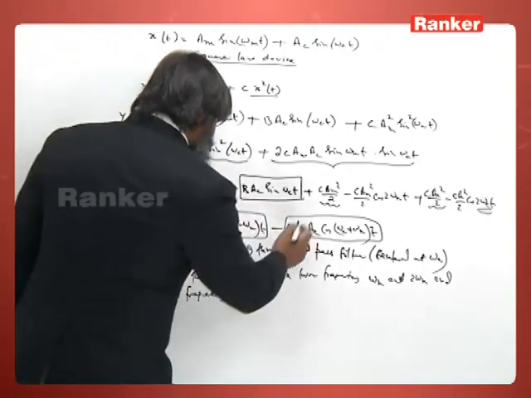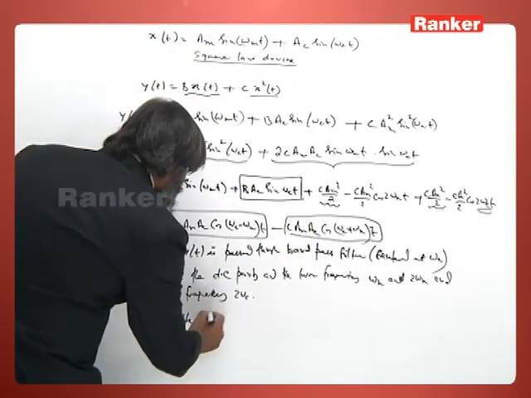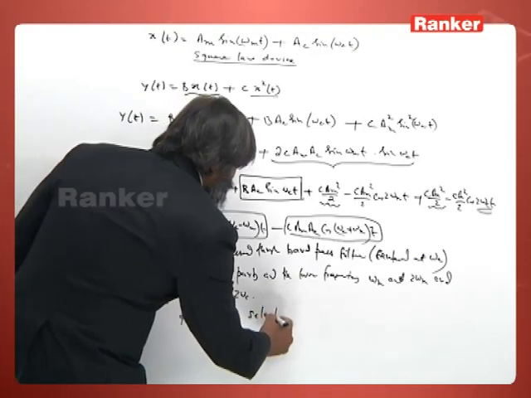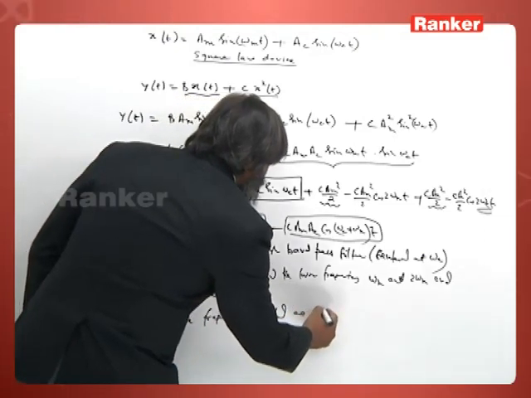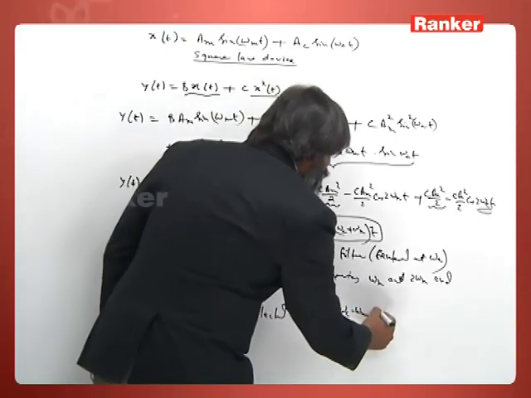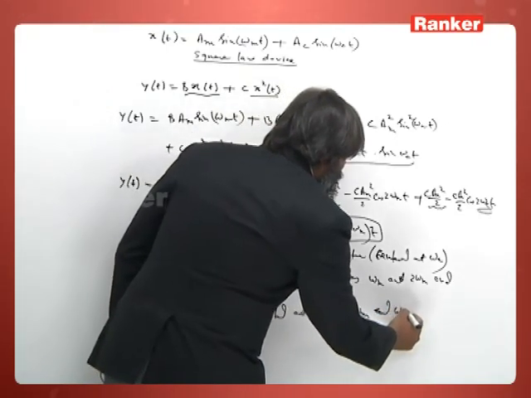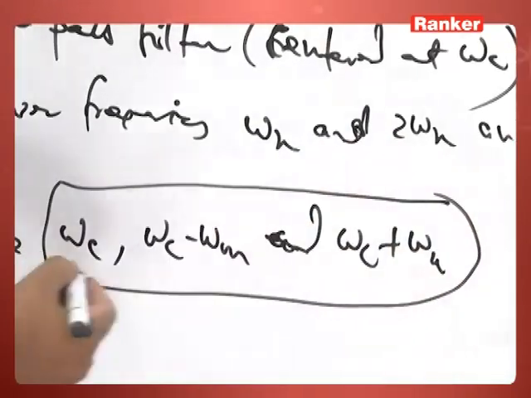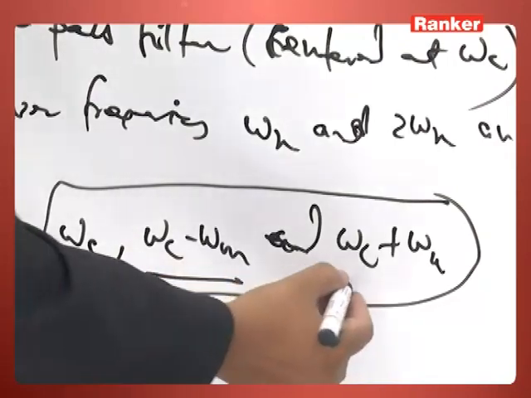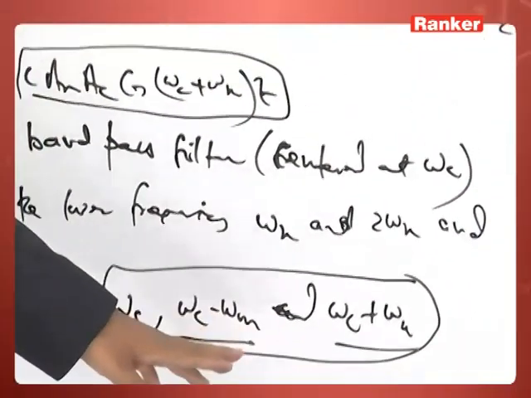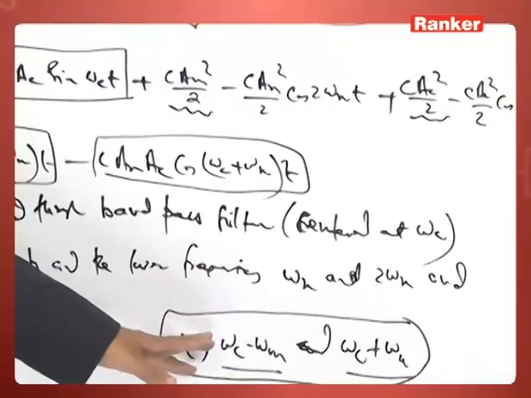The frequencies selected are omega C minus omega M and omega C plus omega M. The center frequency, lower sideband, upper sideband, these are present in the amplitude modulated wave, and this will be passed.